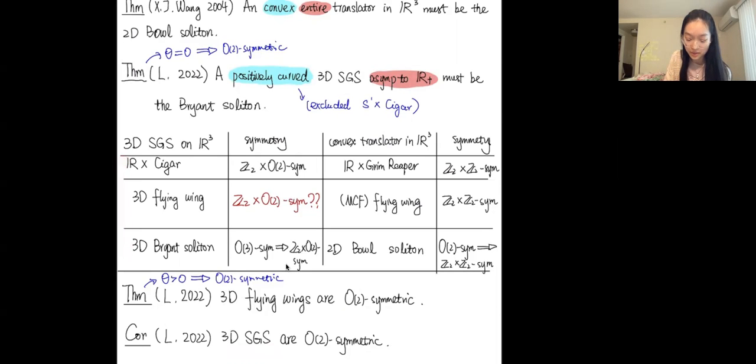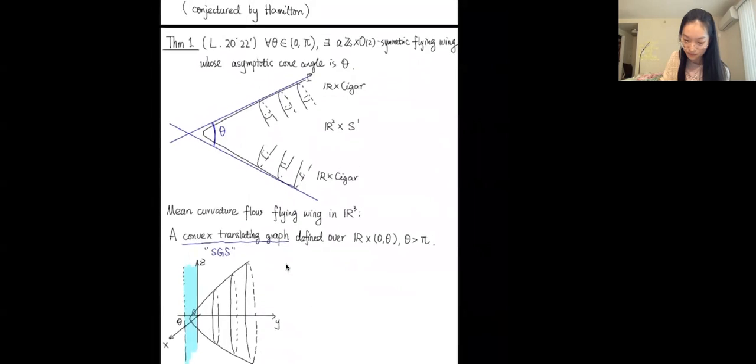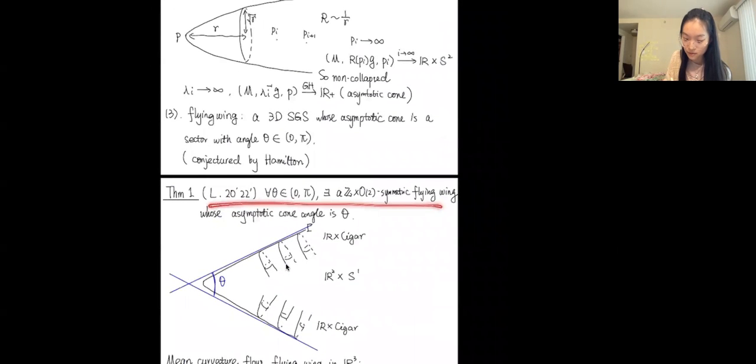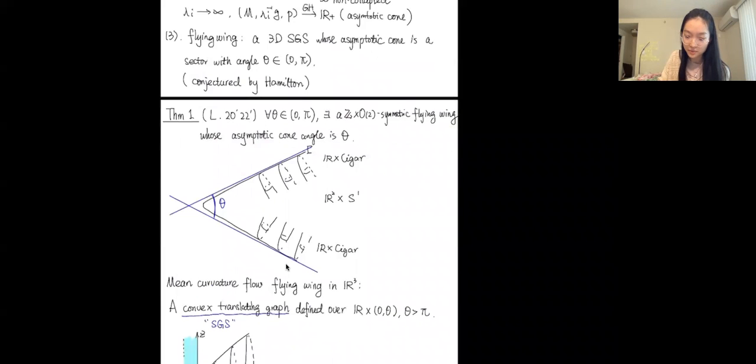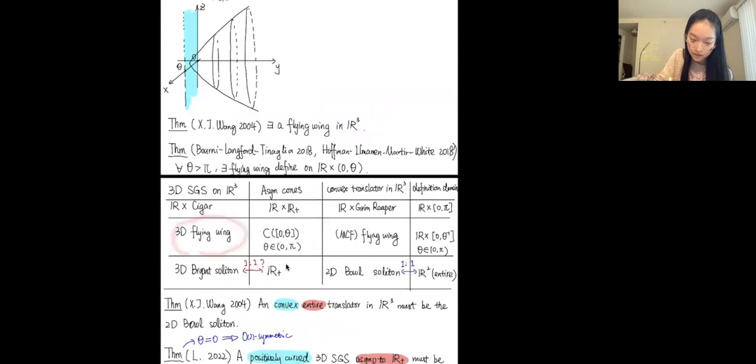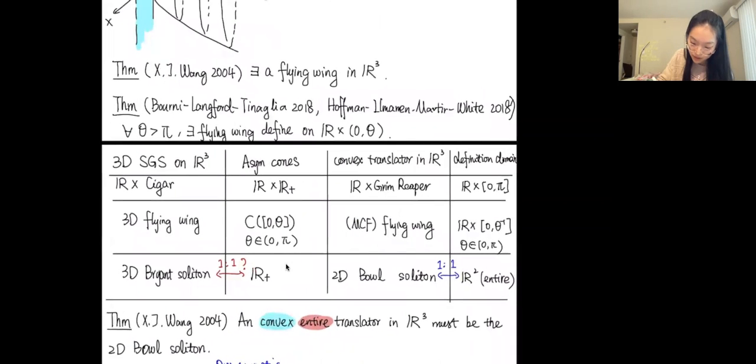The question that we don't know is whether these flying wings are exactly those that we construct in this theorem. We constructed many flying wings, but it is not known so far, although we expect that this will be the only flying wing examples. So now the question is, is this a 1-to-1 correspondence? Sorry, does that answer your question?